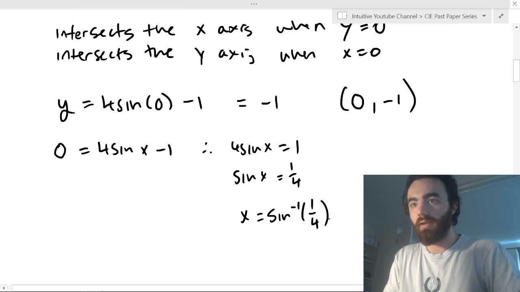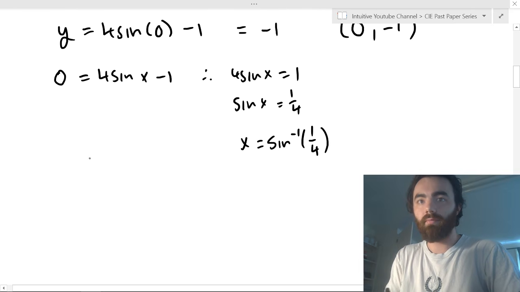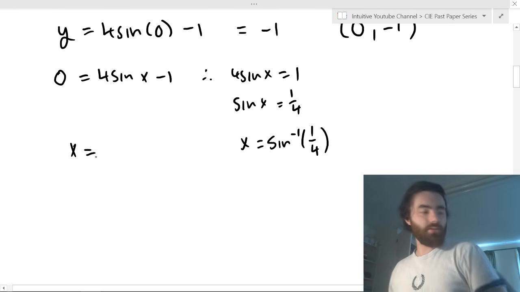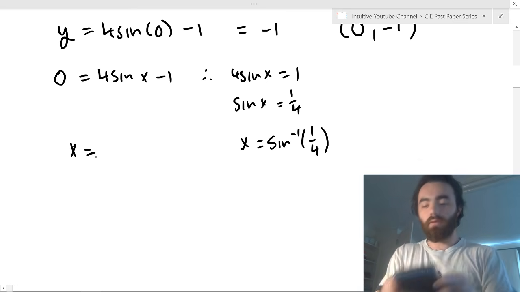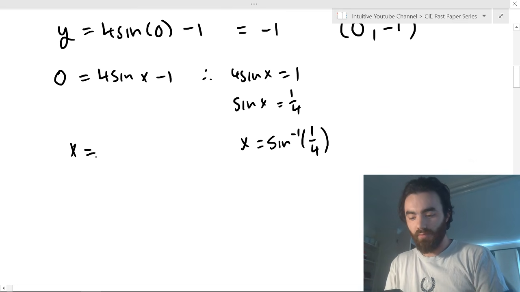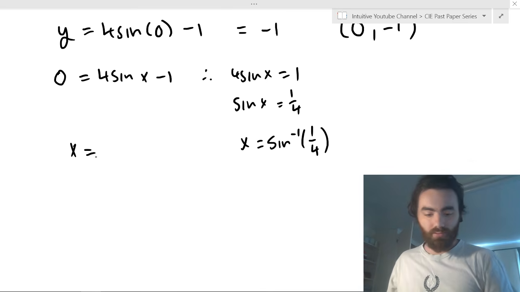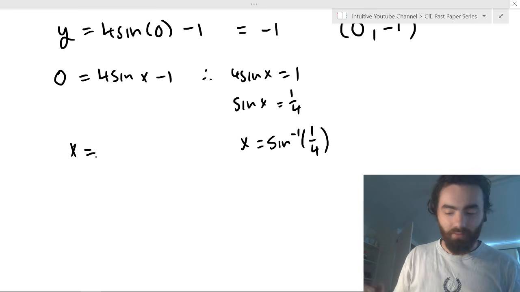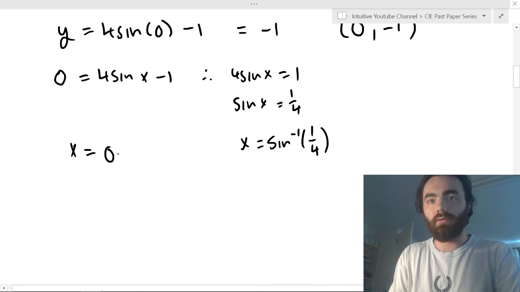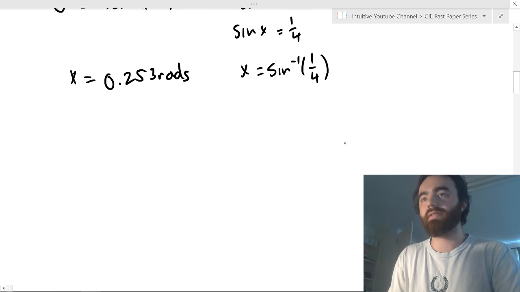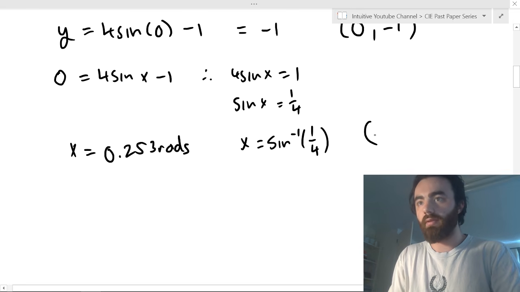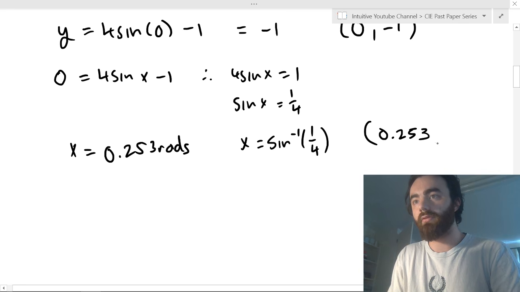If you plug that into your calculator, shift sine of 1 over 4, you get 0.253 radians. So the second point where it intersects the coordinate axes is at (0.253, 0).